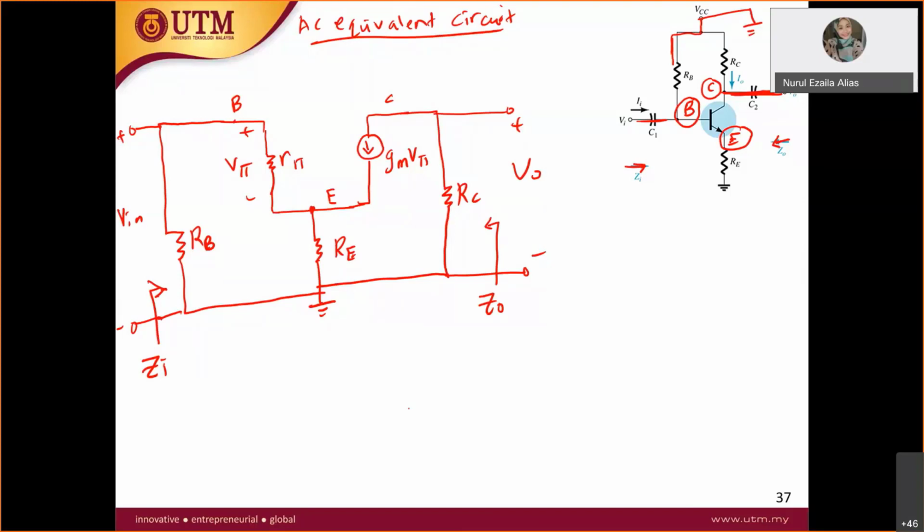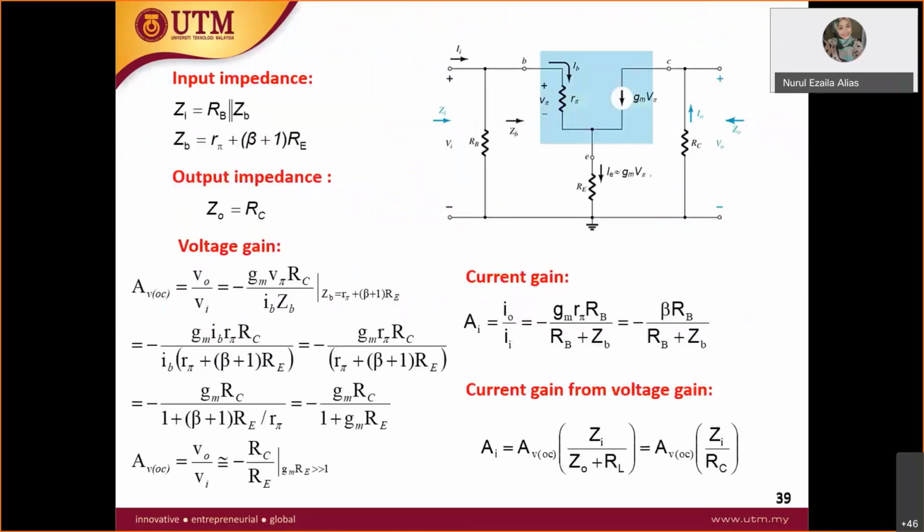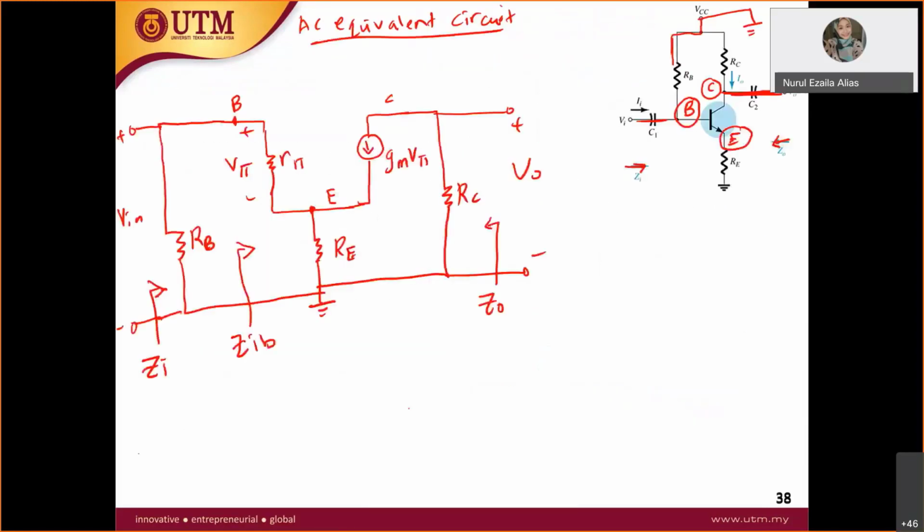So it comes with a new parameter, we call it Z in B, the Z in from the base to the ground. How does the textbook get this value? This is how the derivation goes.